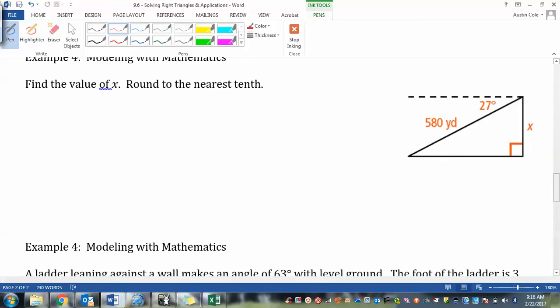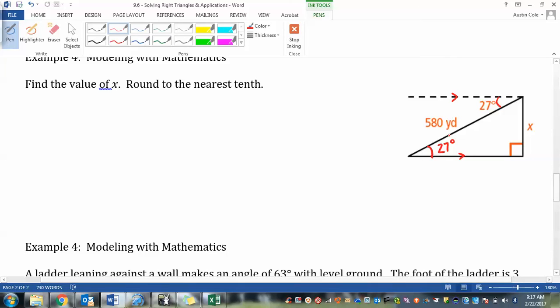Okay, example 4, this kind of just reiterates this idea. We need to find x. A couple ways to do this, but would you guys agree with me that that one and that one are parallel? So this angle of depression is this angle of elevation.